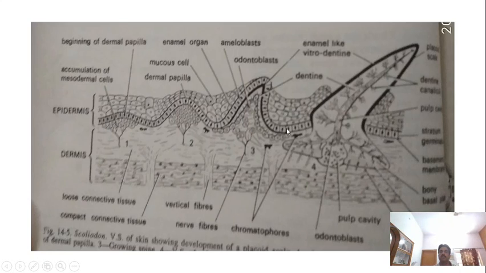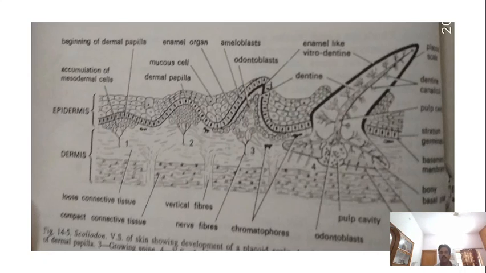So it is formed by the stratum germinativum. The cells are known as ameloblasts, and they form dentine and enamel-like vitrodentine. So this is the structure of the placoid scale and its origin.